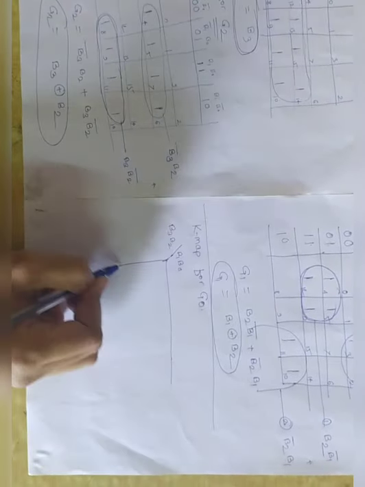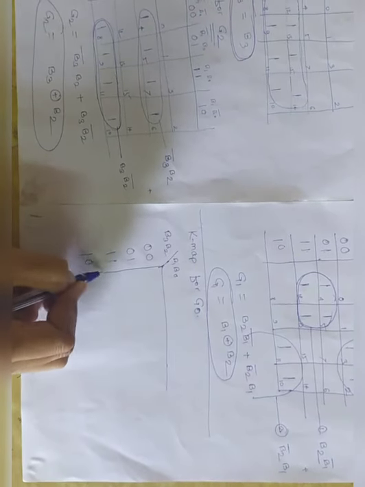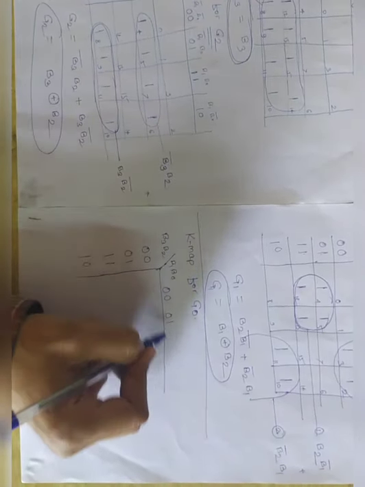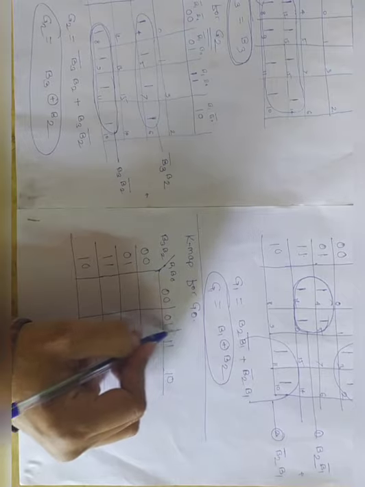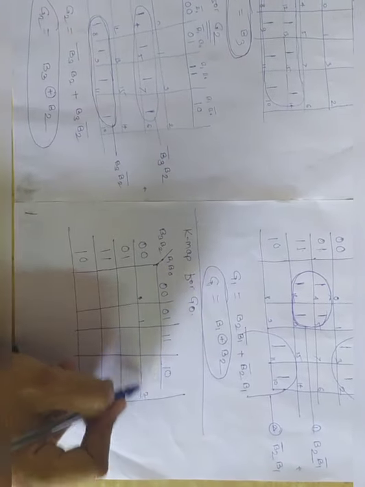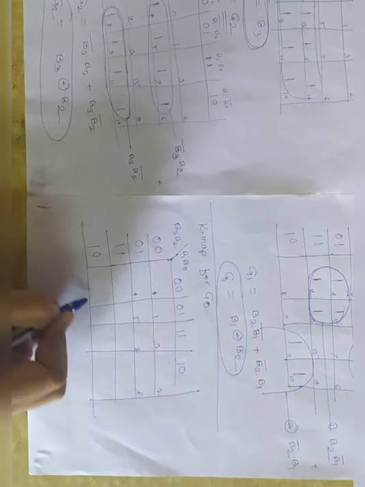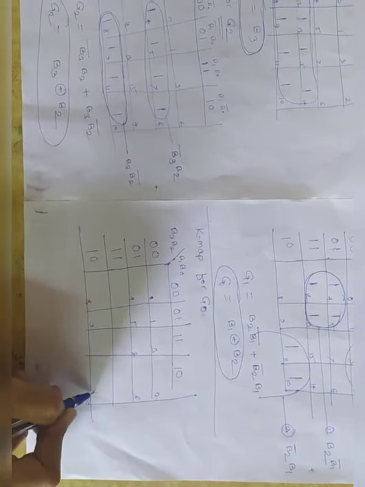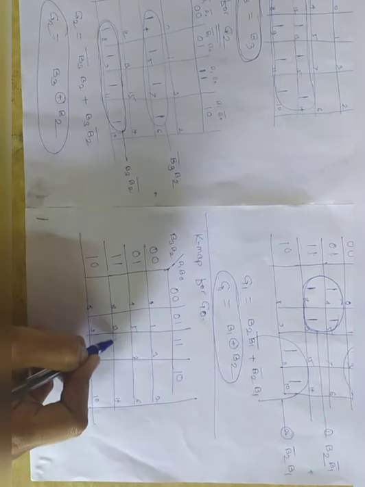Same as before, 0, 0, 0, 1, 1, 1, 1, 0, the standard K-map. Again numbering 0, 1, 2, 3, and the same process, 4, 5, 6, 7, 8, 9, 10, 11, 12, 13, 14, 15.